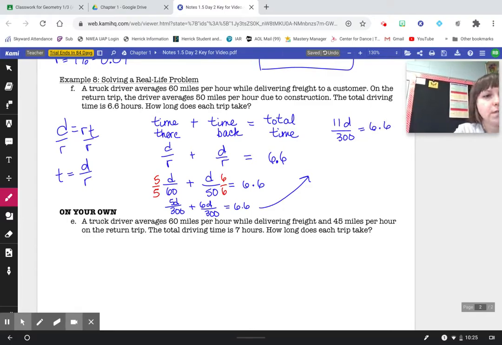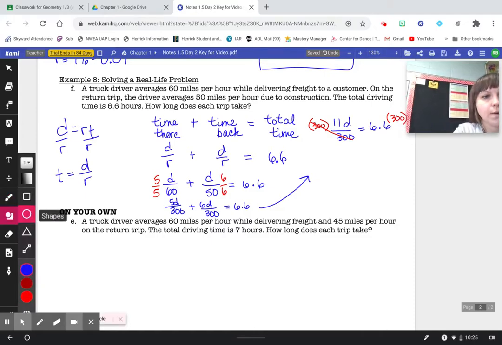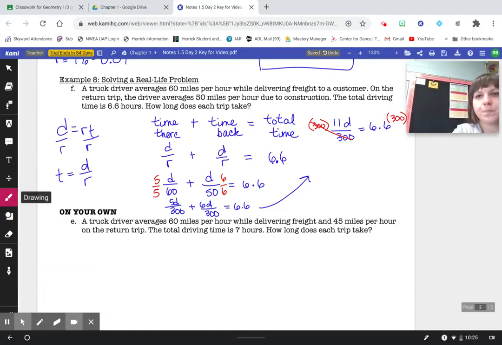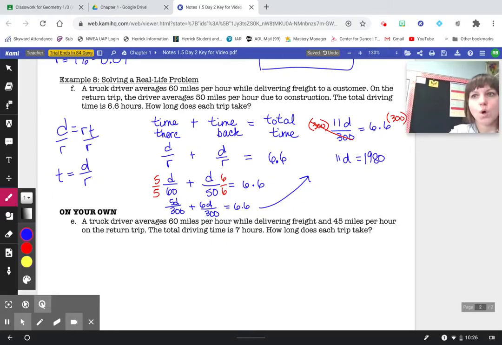To solve for d, let's multiply both sides by 300. Okay, so we now have 11d is equal to 1,980.